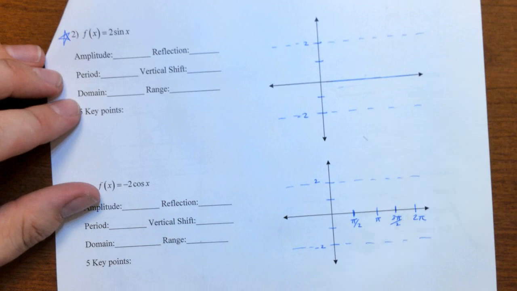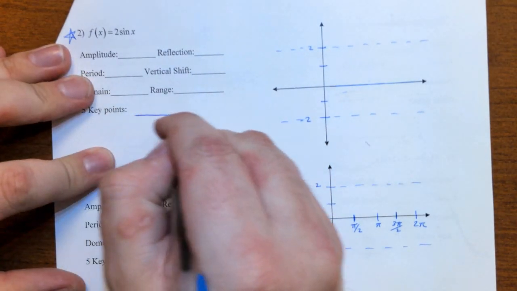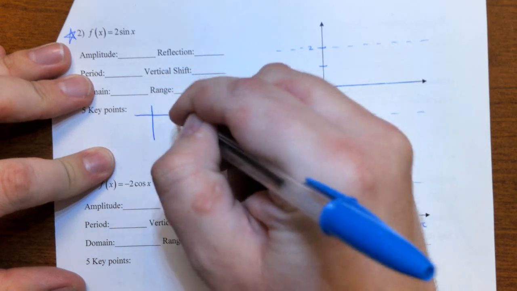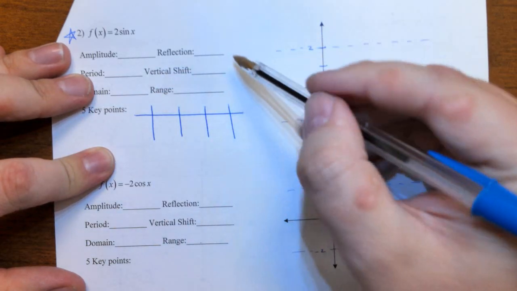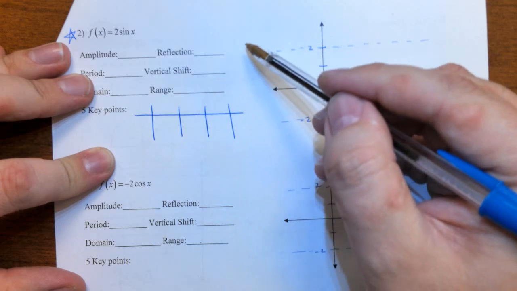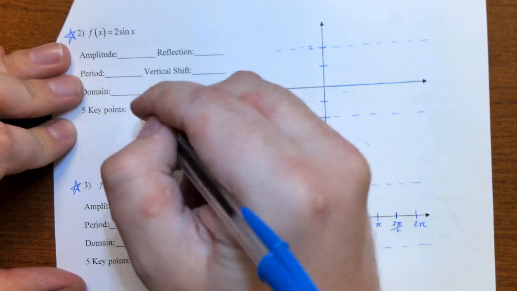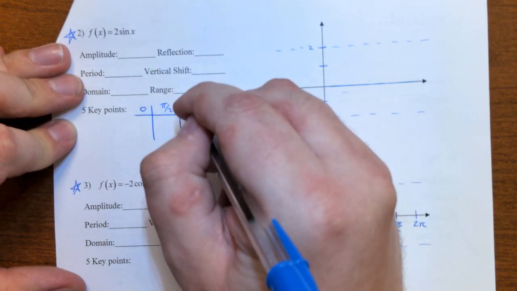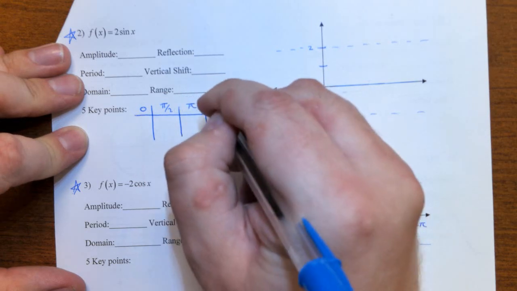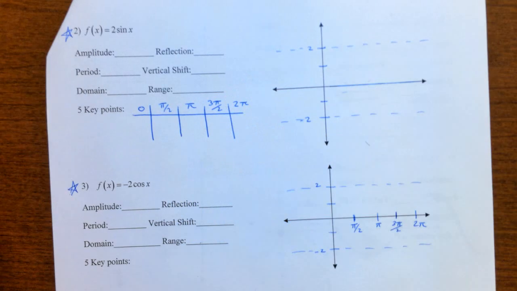In problem 2, I see 2 sine x. So here, there's no reflection, so I'm picturing something like a normal sine, something that will start at 0 and go up, come back down, wave in that fashion. I'm still going to pick the same points, 0, pi over 2, pi, 3 pi over 2, and then 2 pi.